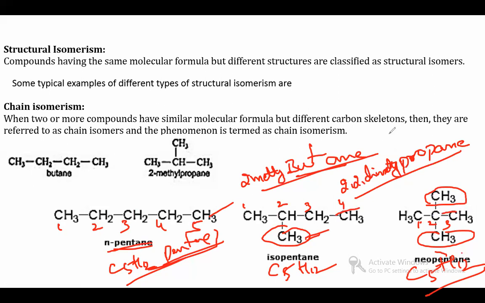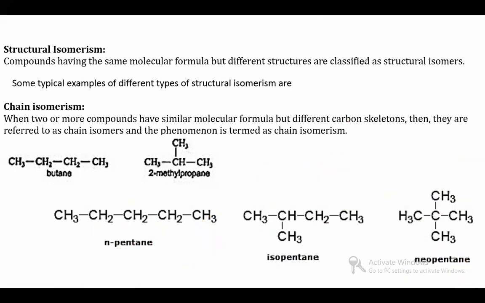These we call chain isomers. This phenomenon is called chain isomerism: compounds with the same molecular formula but different carbon skeleton. Okay, are you getting it?